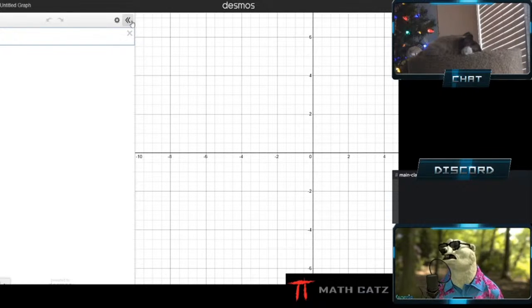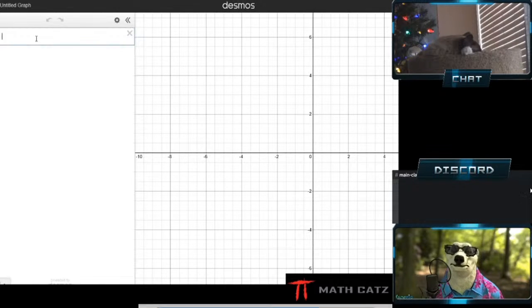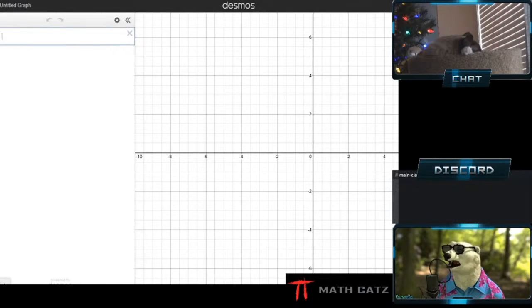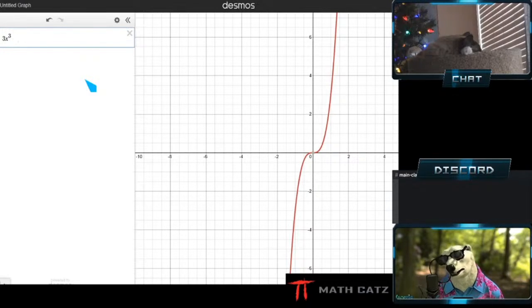Sort of. Can make that smaller once I have the function. So I want to type in the function here. Now I don't remember what the function was. Let me just open this again. This is now the original equation, right? 3 times x cubed. Just ignore things that happen on the way. It doesn't know when I'm done.